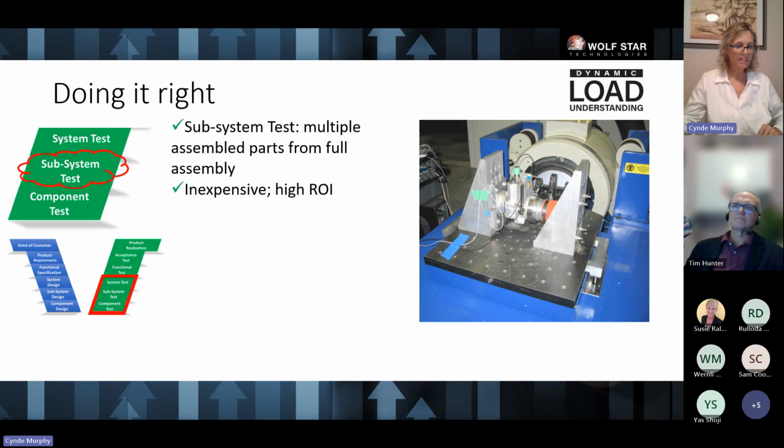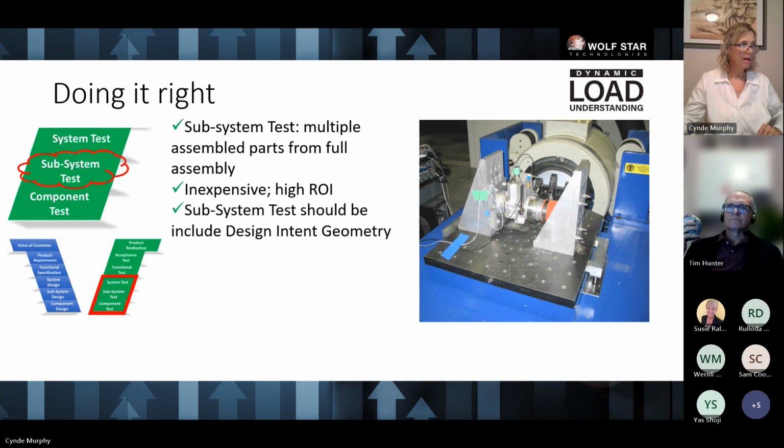Multi-axis testing is done in the lab. In subassembly testing, parts and assembly should be design intent, with parts actually intended with a design that's intended by the engineer.